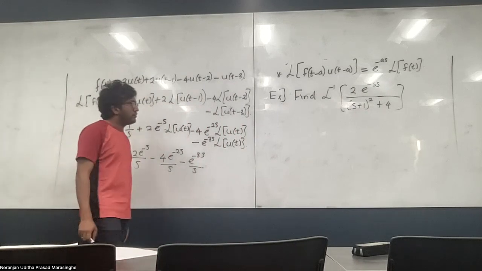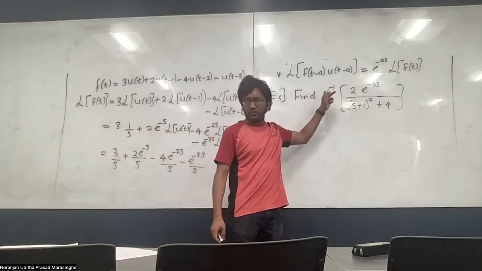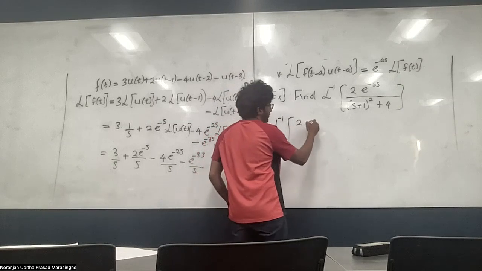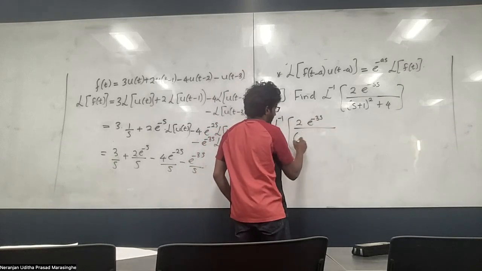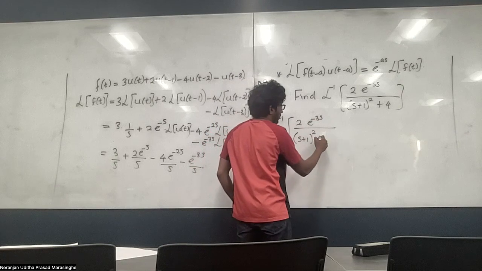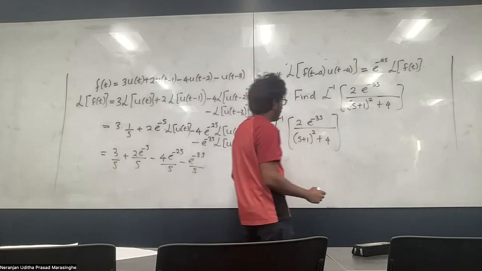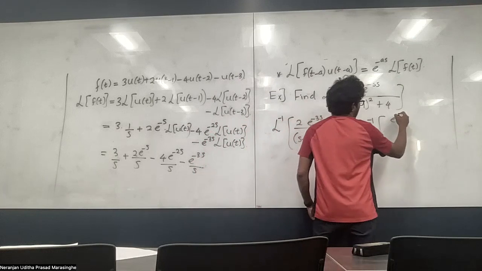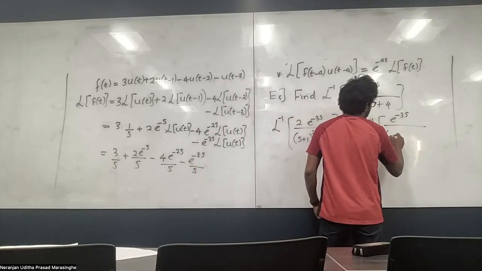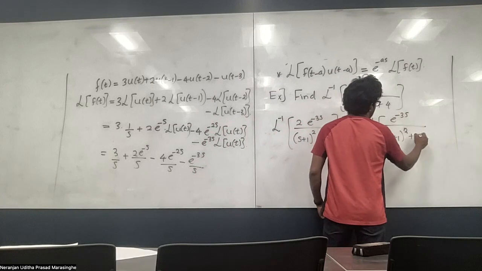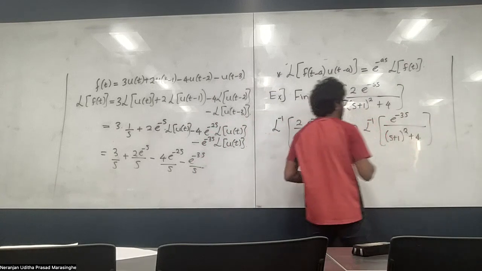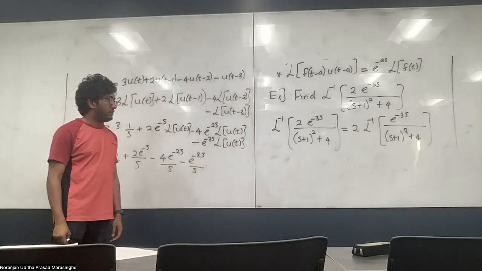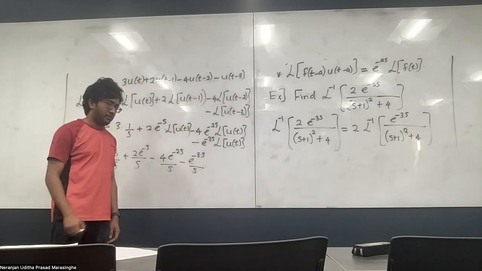Let's think about this, right? First, you can apply the linearity and you can take this 2 out. Inverse of 2 times e to the minus 3s divided by (s plus 1) to the power 2 plus 4. First, I would take 2 out. Right.